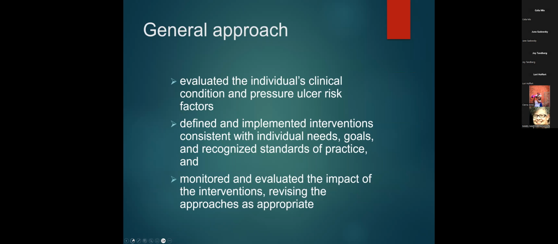And then you want to define and implement the interventions that are consistent with those needs and goals, within the recognized standards of practice, which, by the way, is a clue to the answers. The standard of practice is not always established on randomized controlled trials. And so, for instance, the turning every 2 hours is not really a randomized controlled trial.